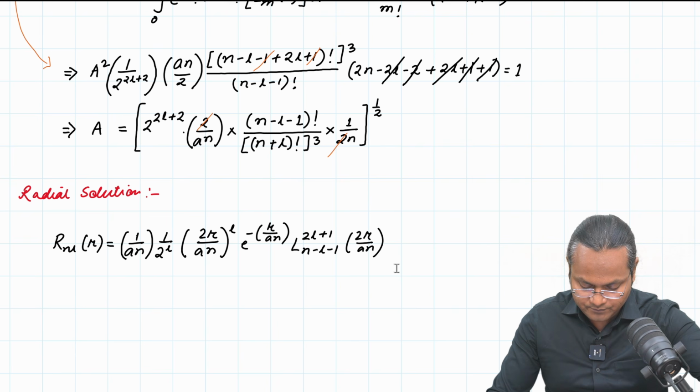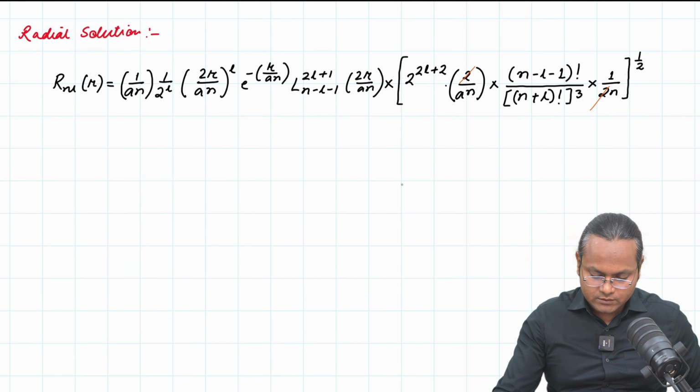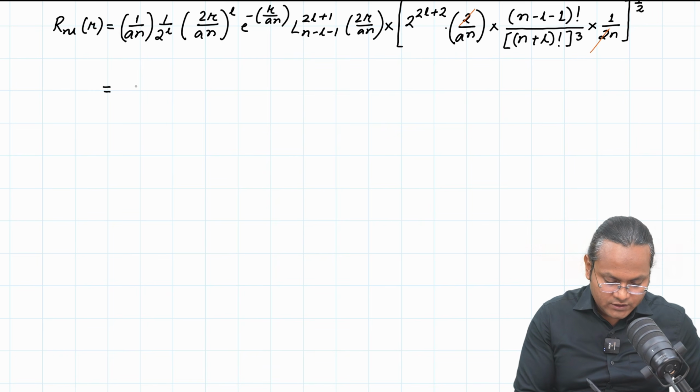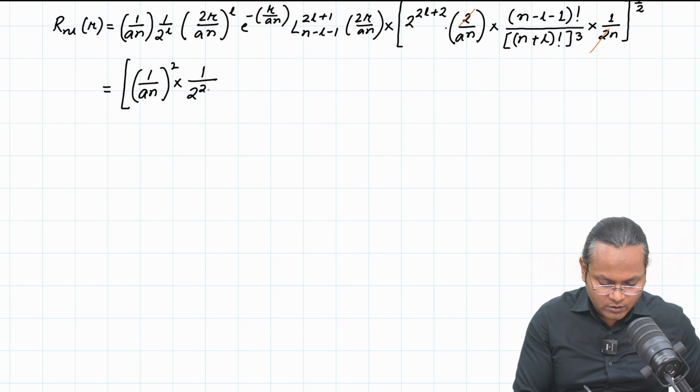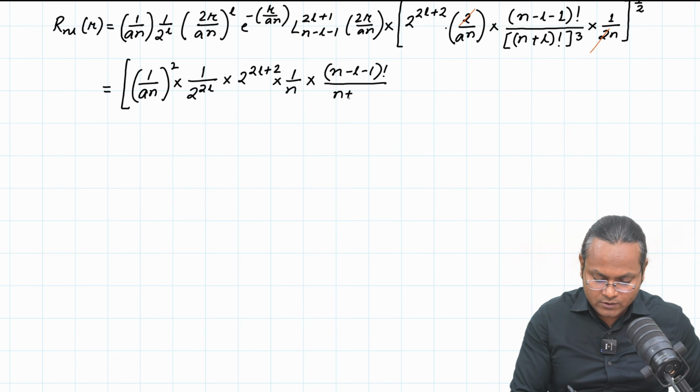I'll just multiply it here, and this expression becomes, so here we have, if I put everything inside the root, 1 upon a_n square times 1 upon 2 to the power 2l times 2 to the power 2l plus 2 times 1 upon n times (n minus l minus 1) factorial upon (n plus l) factorial to the power cube, to the power whole half, right?